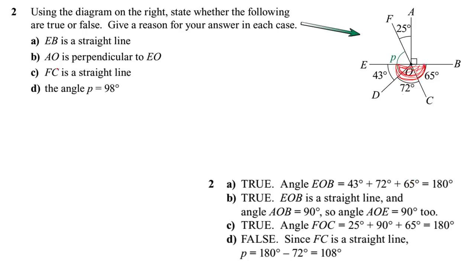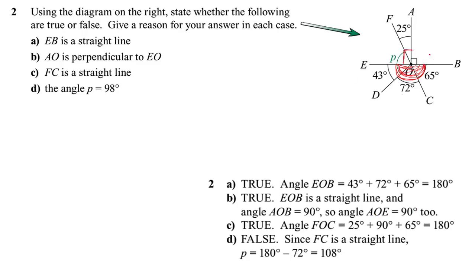Okay. Now OA is perpendicular to OE. So line OA, from O, the middle, to A there, is perpendicular to OE. So they are basically saying that this is a right angle. So that 25 plus P altogether, they are saying that's a right angle. That's what they are saying here, so we need to prove it. It says EOB is a straight line and angle OAB is 90, so angle AOE is 92.